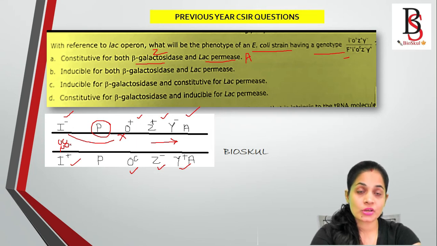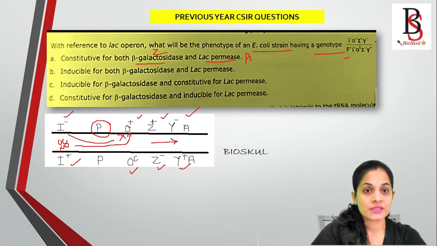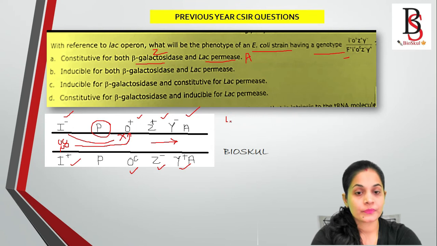And this repressor, what is produced, this repressor can bind to this operator, right? So the expression of the gene here depends on the presence or absence of the lactose molecule, right?